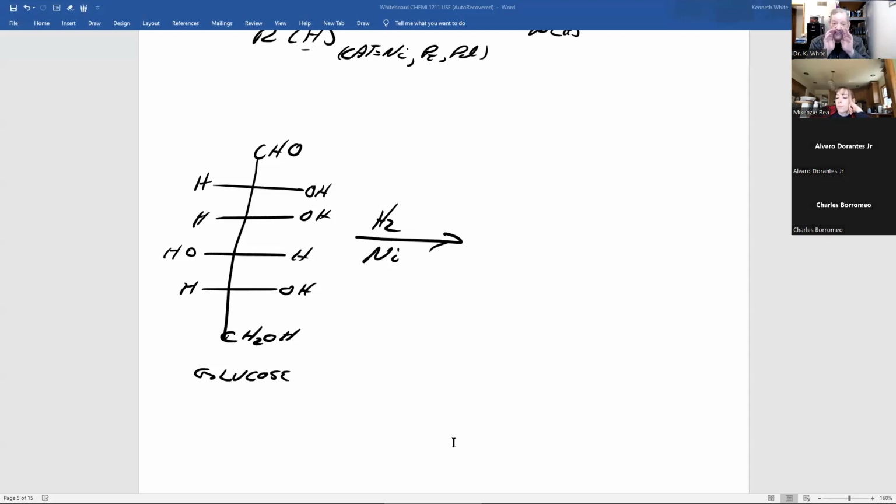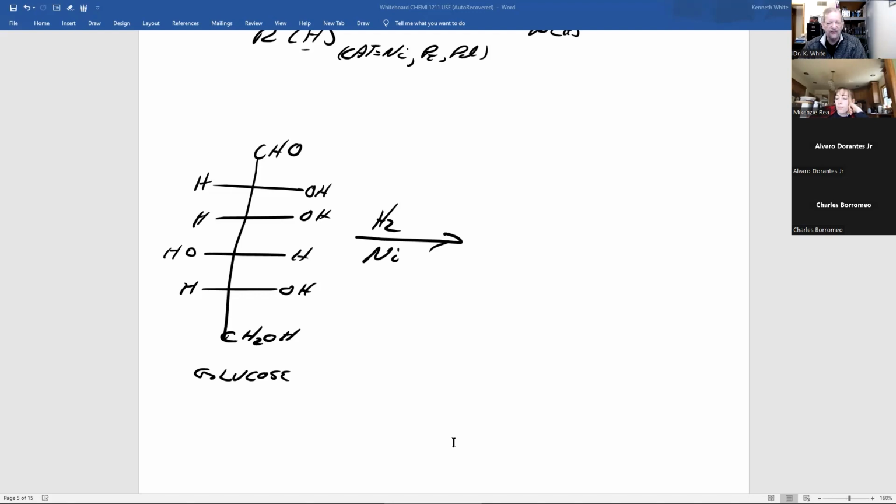Now, I will tell you this, hydrogen and a catalyst will not react with an alcohol. Hydrogen and a catalyst will not react with a hydroxyl group in alcohol. And everybody's done. So it's my turn.